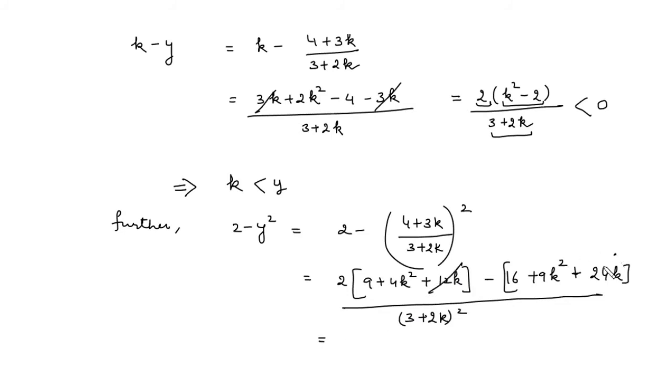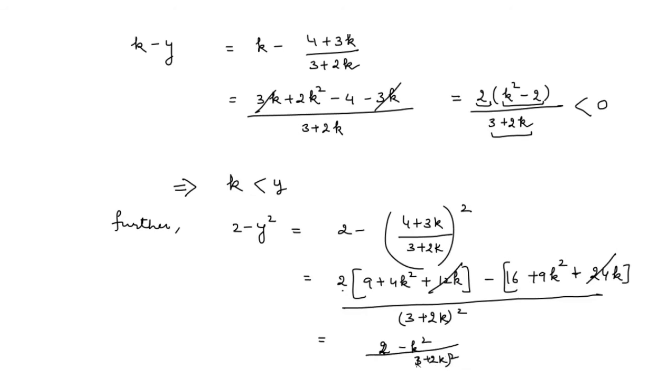This 12k, 24k cancel out. This is 8k square, this is minus 9k square, so you get minus k square. 18 minus 16, so 2 minus k square upon 3 plus 2k whole square.